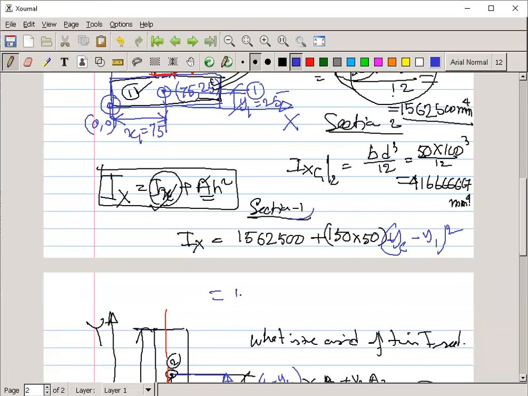So we have to do 1562500 plus 150 into 50 into (yc, 55, minus y1, 25) whole square, where 50 is the width. Is it understandable now, student?